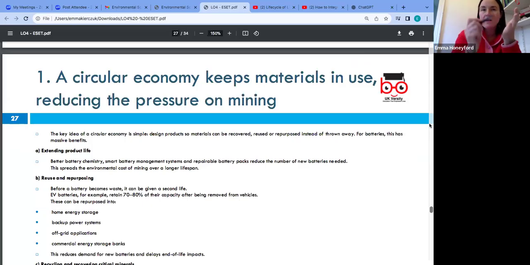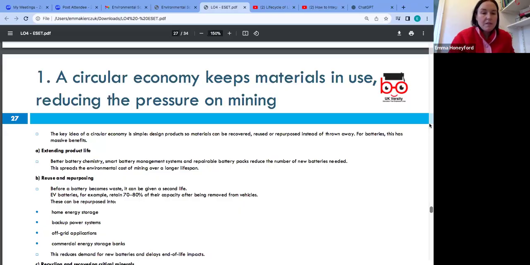So you're preventing products being disposed of further down the life cycle. So for batteries, this has massive benefits. Better battery chemistry, smart battery management systems and repairable battery packs reduce the number of new batteries needed, so we can keep reusing them. And then that reduces the need of mining and the environmental cost of mining over a longer lifespan.